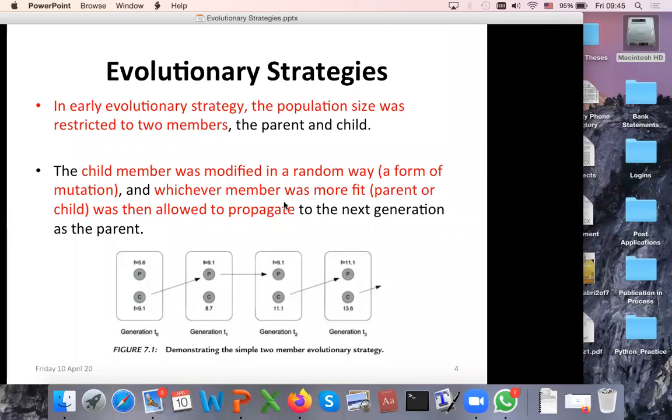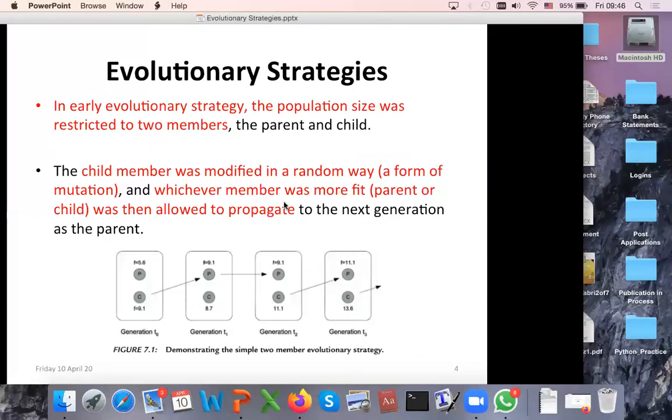Propagate means you are allowing that more fit member to perform some recombination operation. By the way, mutation is also a recombination operation. I will explain this propagation, but this is something that now you are allowed to go or to move on to the next generation.